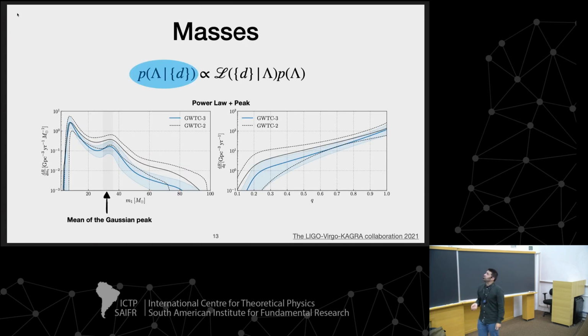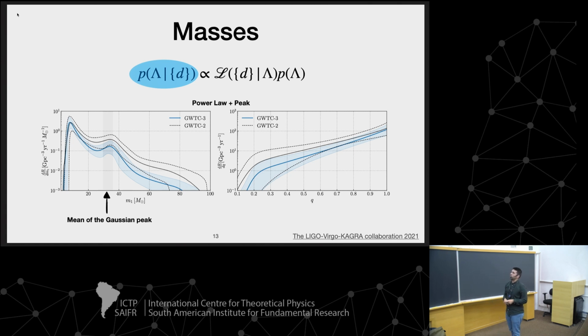Okay, so results. If you are looking at masses, what you can get from the last published analysis that takes into account GWTC-3, the Gravitational-Wave Transient Catalog number 3, the last one of almost 3 years ago, you get this.